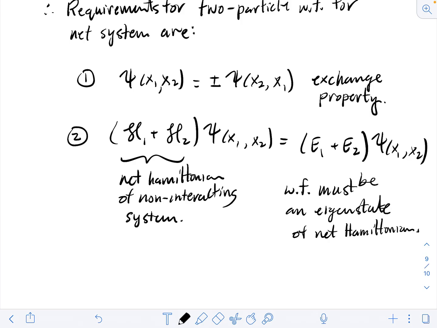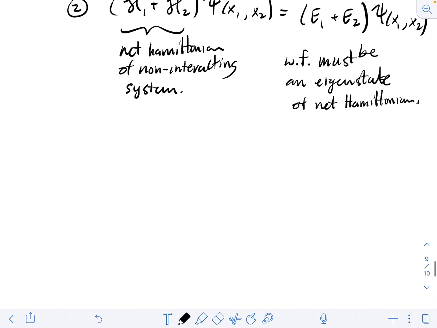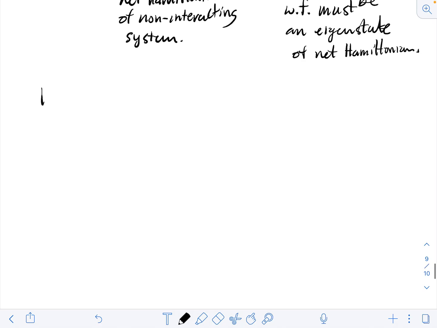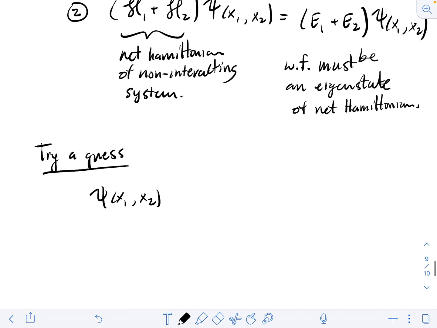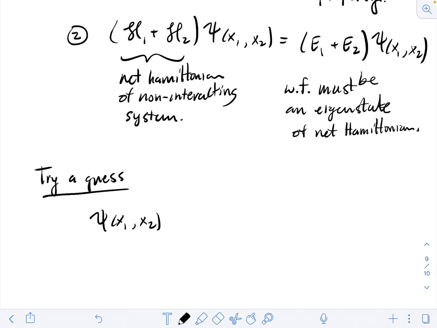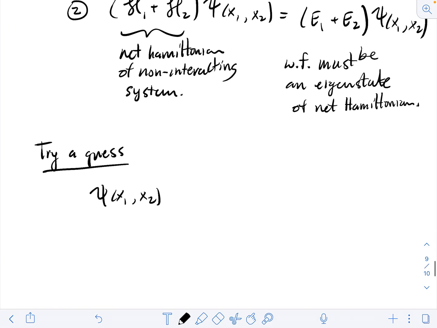Okay. And so let's just try some guesses. Our first couple are going to fail, but maybe that'll lead to some insights. So we saw above that the Hamiltonian was just the sum of the two single particle Hamiltonians.